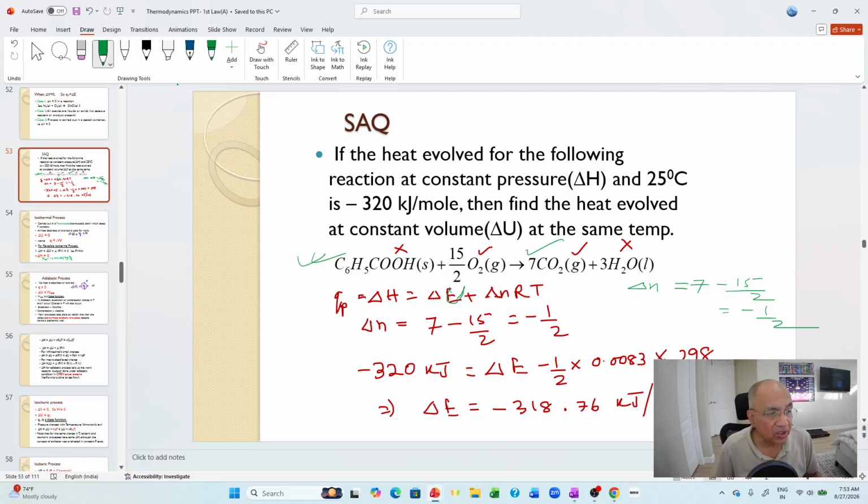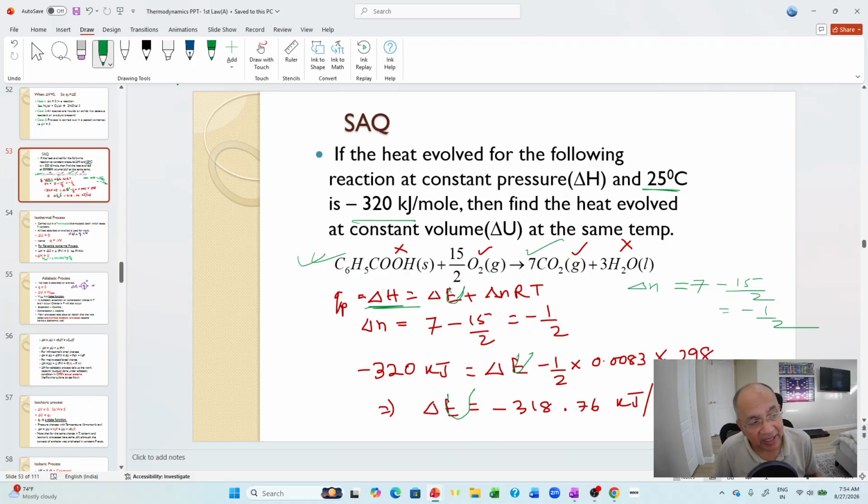So del H, which is given as minus 320, is equal to del U, which we have to find out, plus del n, which is minus half, into 8.3, since we will be expressing our answer in kilojoule, I made it 0.0083 kilojoule, into T, which is 298, since 25 degrees Celsius means 298. So del U comes to be minus 318. So there is a decrease of thermal energy or internal energy by this amount.